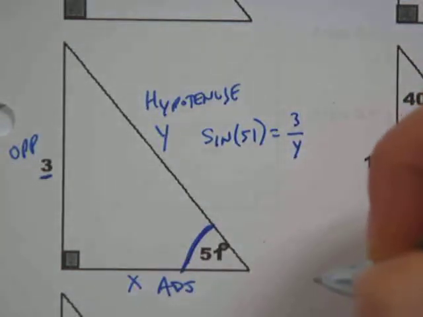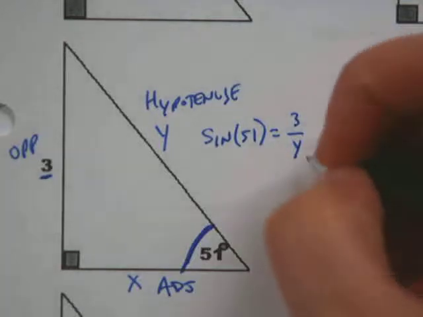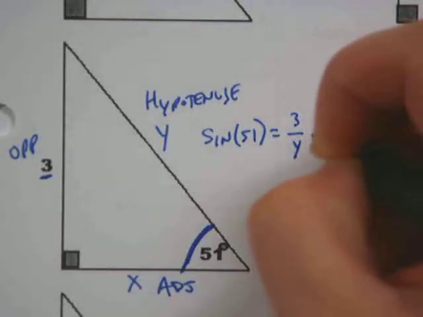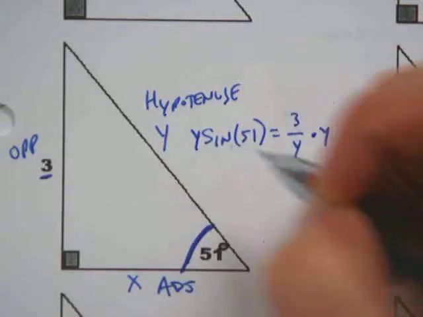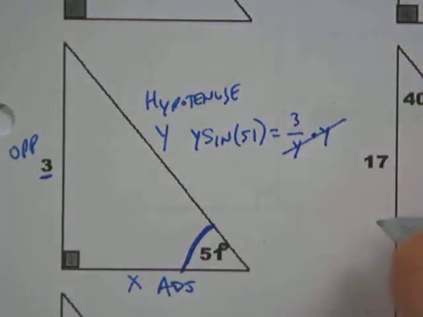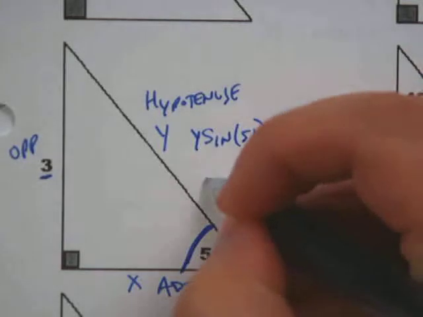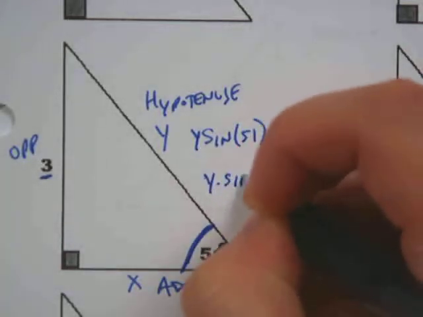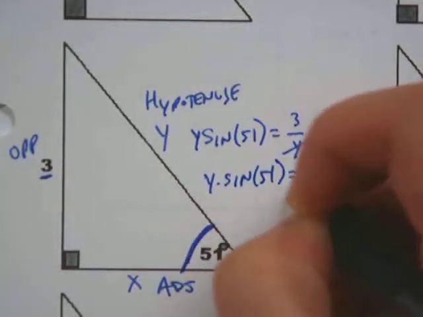Okay, so now I'm going to solve this. The first thing I'm going to do is get rid of the fraction. I'm going to multiply by y on both sides. So that cancels out. So I'm going to rewrite this. Now we have y times sine of 51 equals 3.